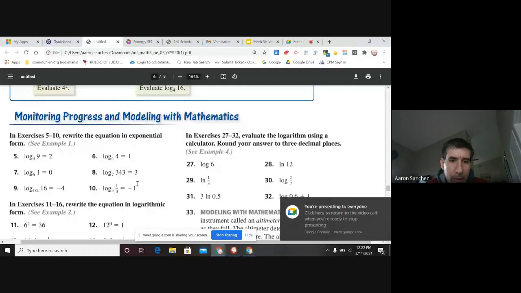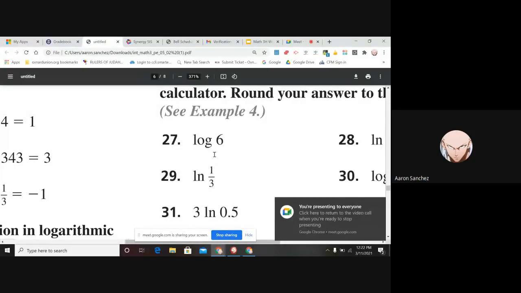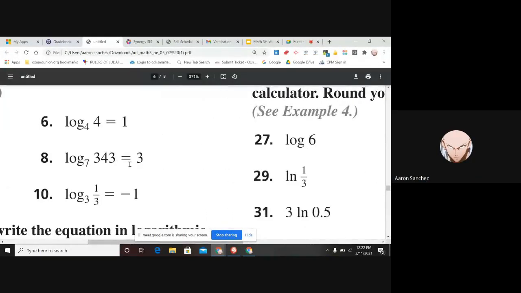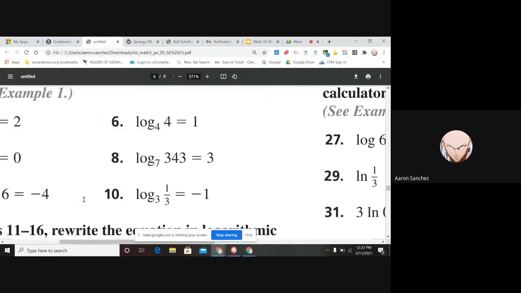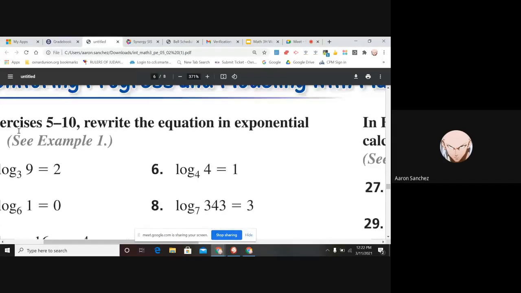So what you guys must know is, notice, let's look at all these log problems here. If I look at 27, see how there's no base? But all these have bases: log base 4, log base 7, log base 3, log base 1/2, log base 6, log base 3. They all have bases.